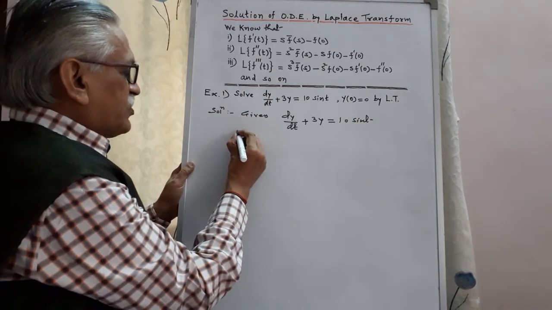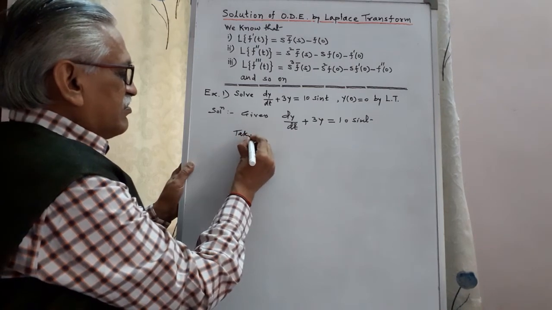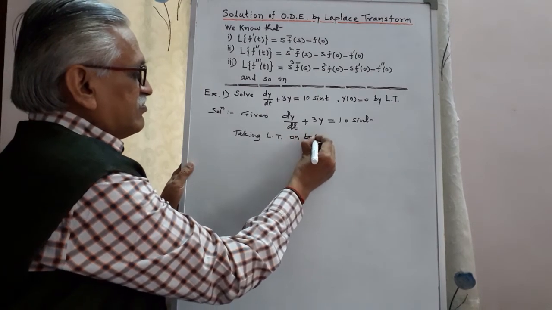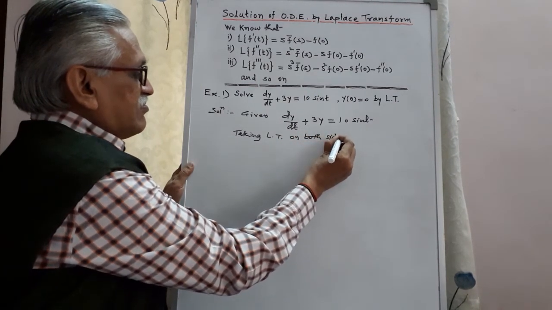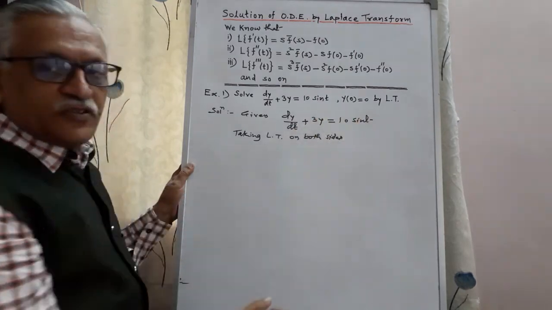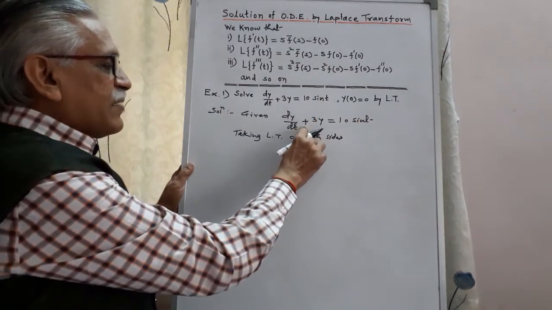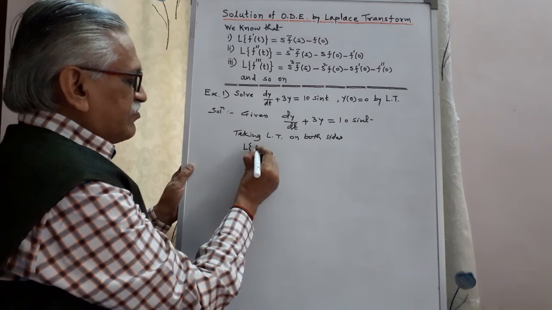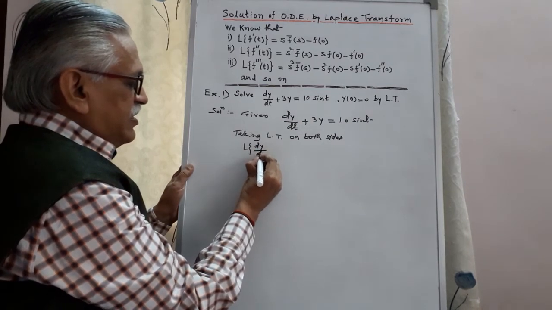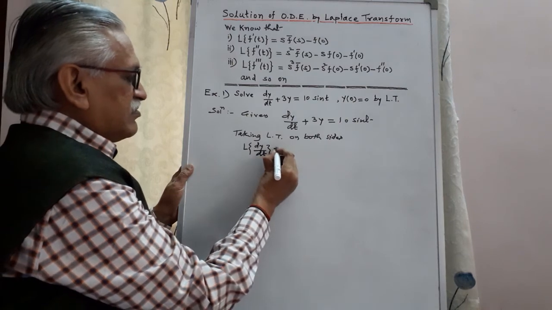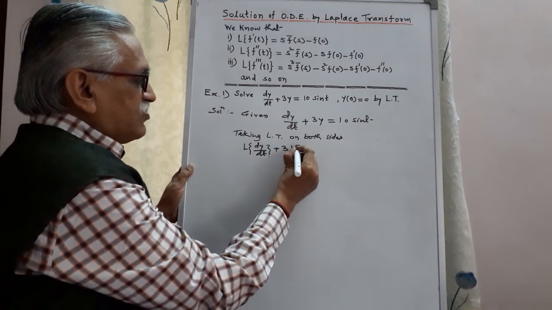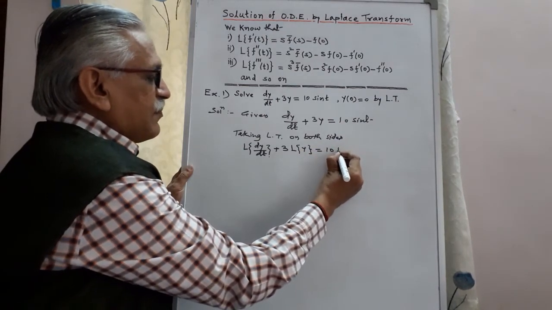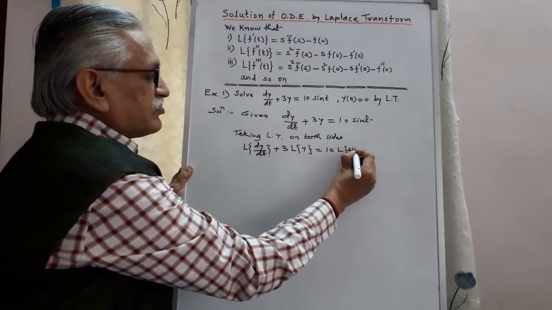Then taking Laplace on both sides, Laplace of left hand side is equal to Laplace of right hand side, and while taking Laplace of left hand side we take individual Laplace, and therefore it is Laplace of dy by dt, 3 constant outside, Laplace of y, Laplace of sin t.